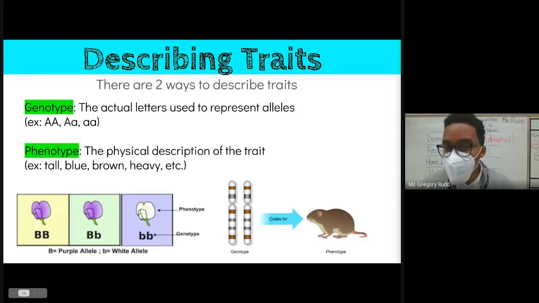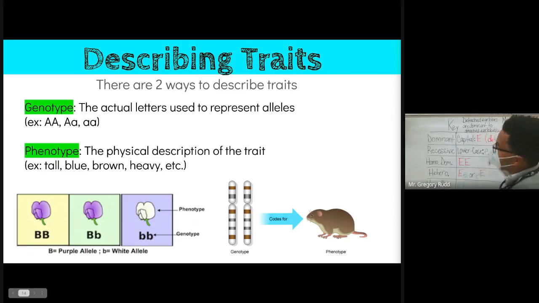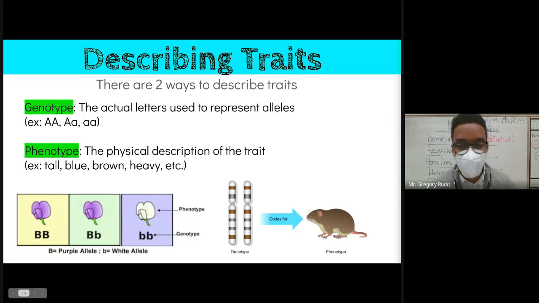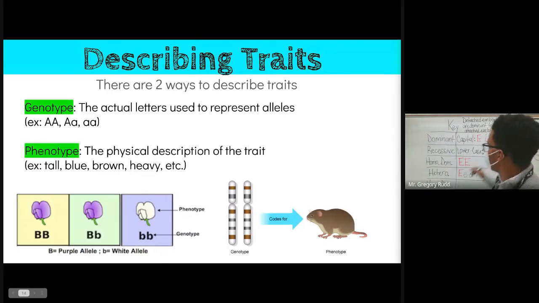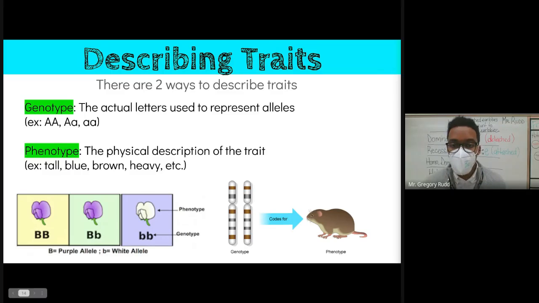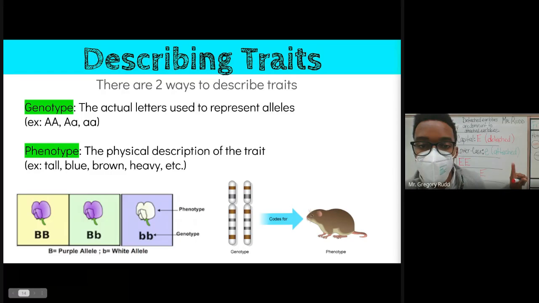What is the recessive trait then? Obviously, attached earlobes. And I'm pronouncing it weird just so that there's clear distinction between the two. All right, so my lowercase e, my recessive allele, is coding for attached earlobes. My dominant capital E is coding for detached earlobes.